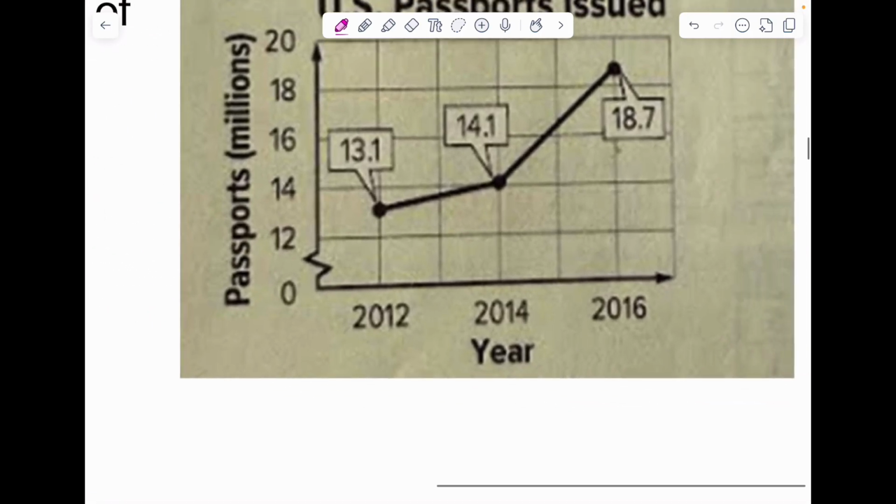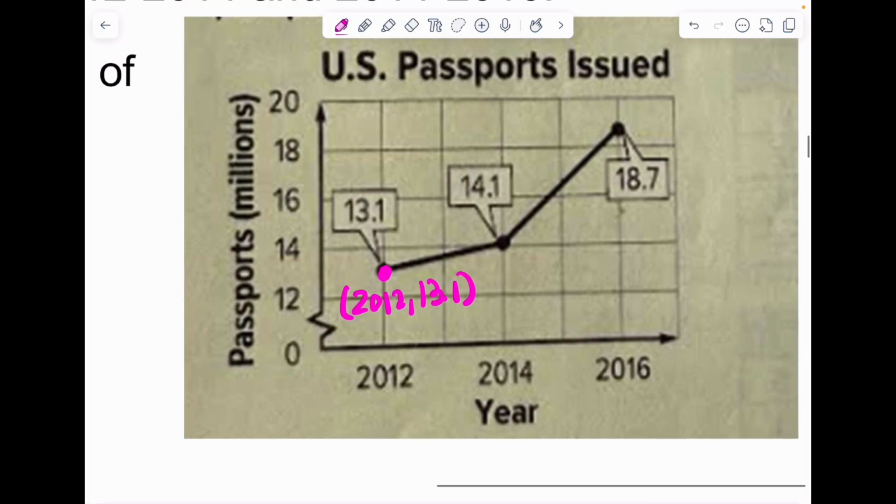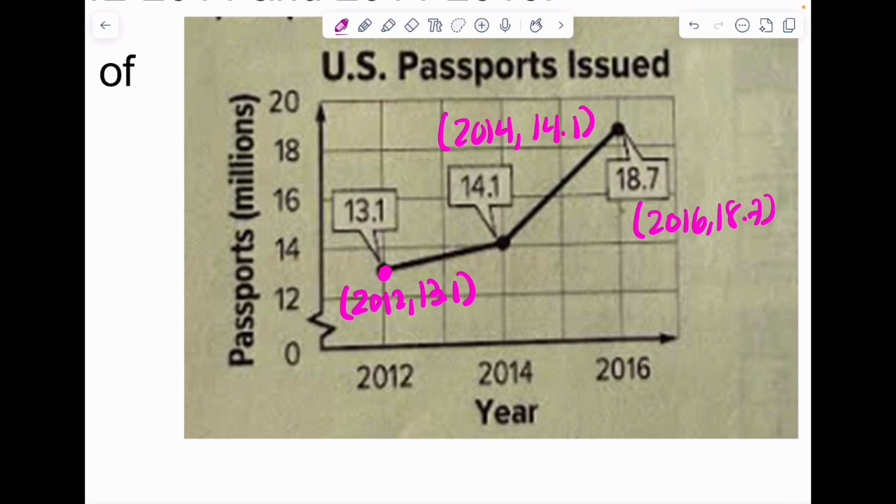So when we look at the graph, you can consider this point to be the input 2012, output 13.1. We can consider the 2014 year, input of 2014, output of 14.1. And in 2016, we input 2016 and 18.7.